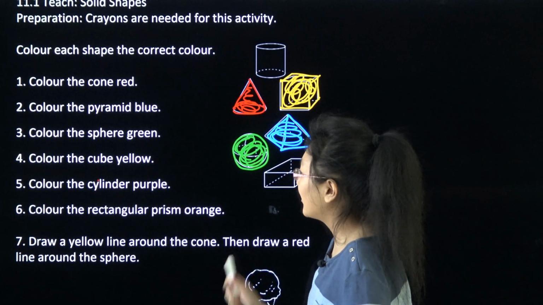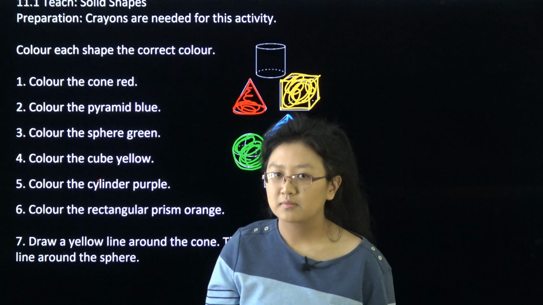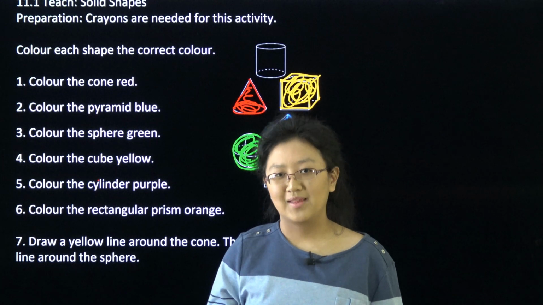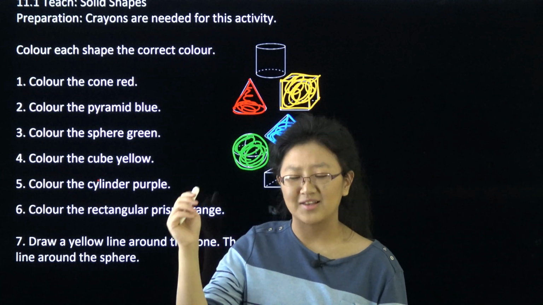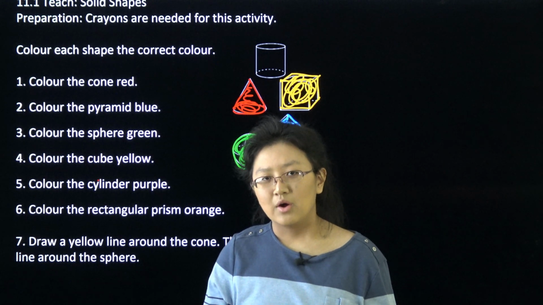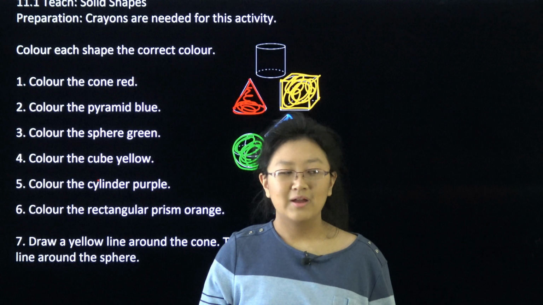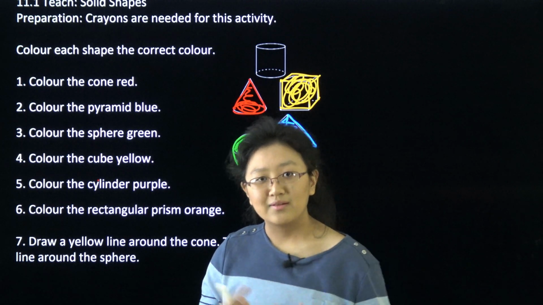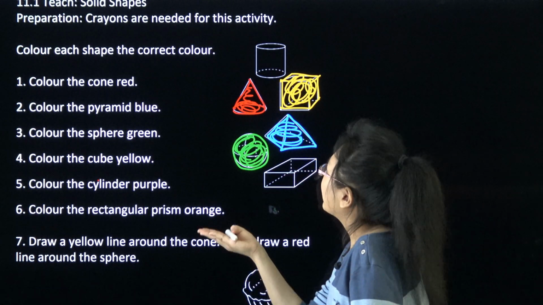Question number 5 asks us to color the cylinder purple. So what is a cylinder? Well, you've seen poles outside. A pole is a very, very long cylinder. What else is a cylinder? A roll of paper. You know those tissue papers that come in rolls? Yeah, that's also a cylinder. So what do they look like? They look something like, well, this.